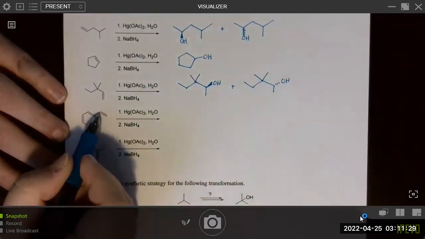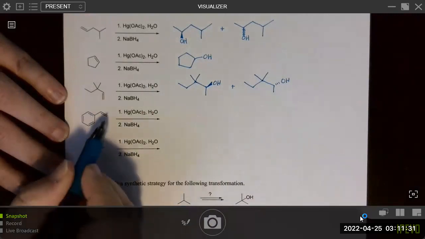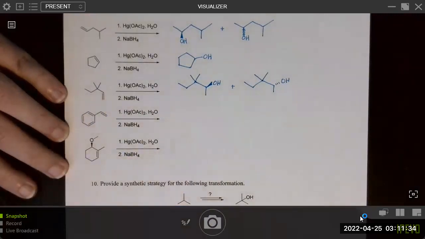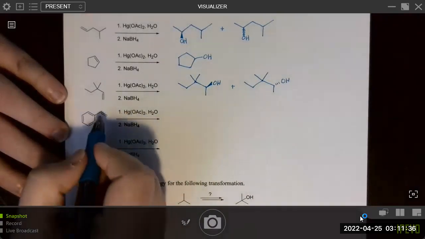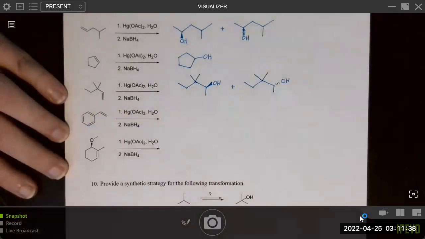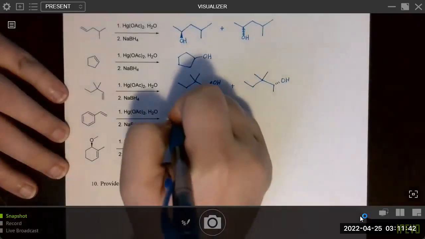Let's look at this case. You'll get a secondary carbocation, and it will not rearrange because it's nice and stable and benzylic. So the OH will end up here. It will be a chiral center, so we want to make sure to draw the two enantiomers.